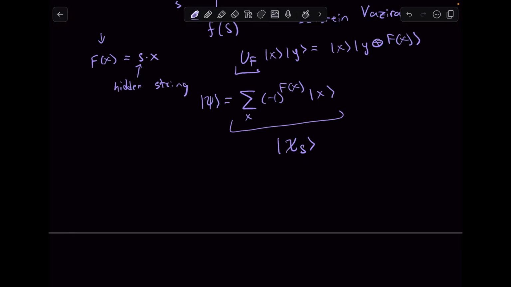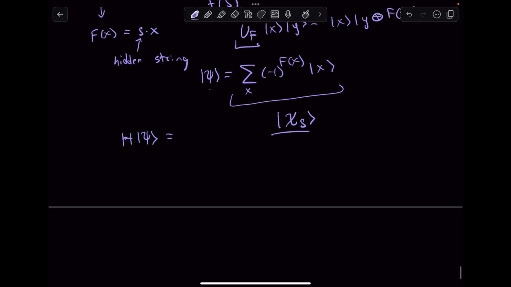So if we want to decompose psi into this chi of s basis, when we apply H onto psi, given that it already is chi of s, what we get is just s with 100% probability. Due to the orthonormality of these, all the other terms in the sum will cancel out to zero.